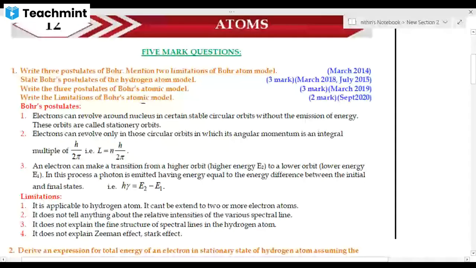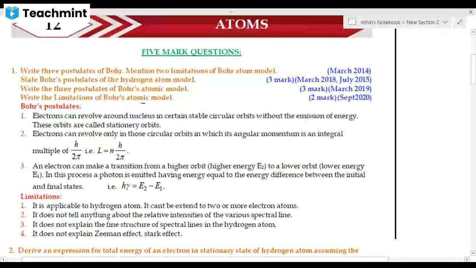See the first question: write 3 postulates of Bohr, mention 2 limitations of Bohr atomic model. 3 postulates carry 3 marks, 2 limitations carry 2 marks. It is the same question, asked in different years in this format. Any 2 limitations will be enough, that is 2 marks.